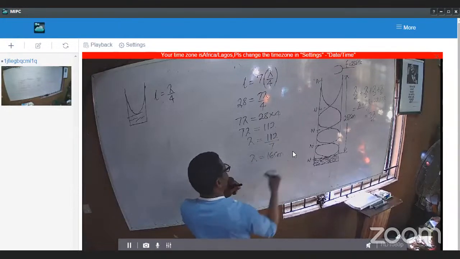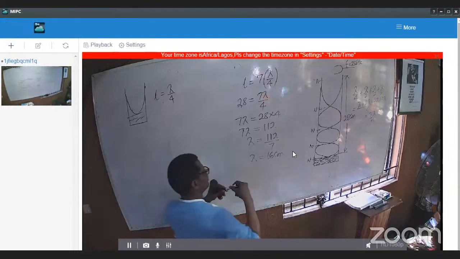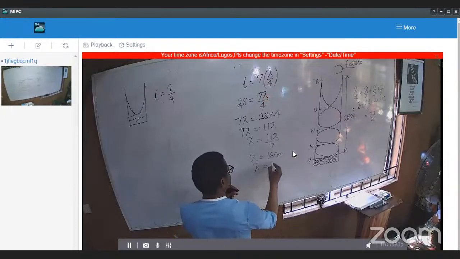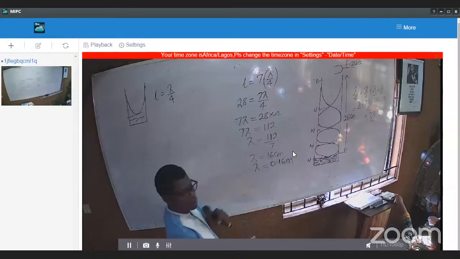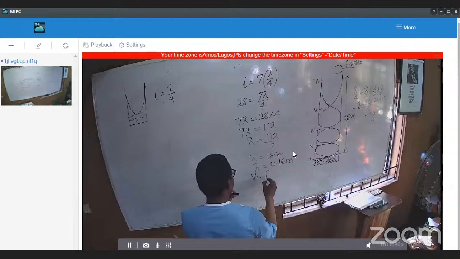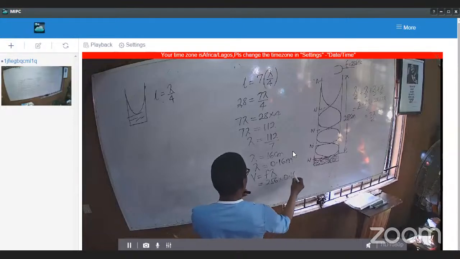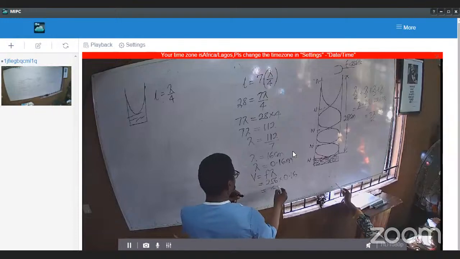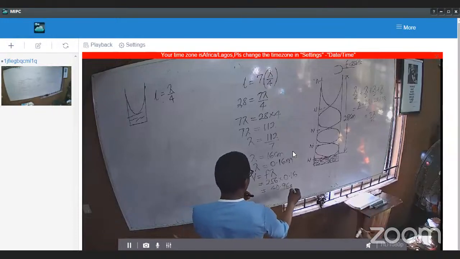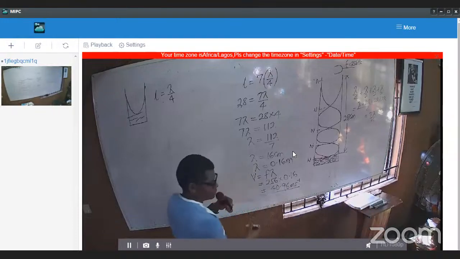Convert to meters. 0.16 meter. Is it velocity we're looking for? So now V is what? f times λ. What's that f? 256. Multiply the two, then what do you get? 40.96 meters per second.